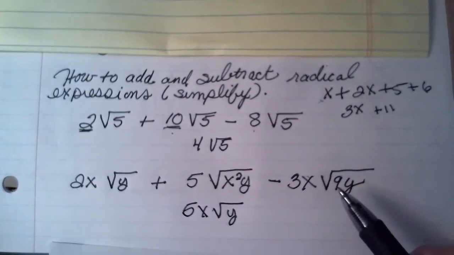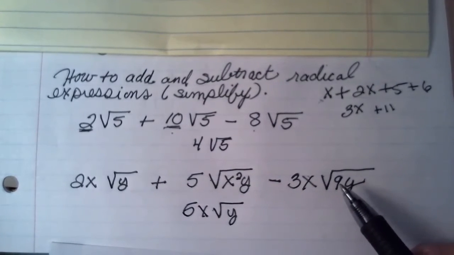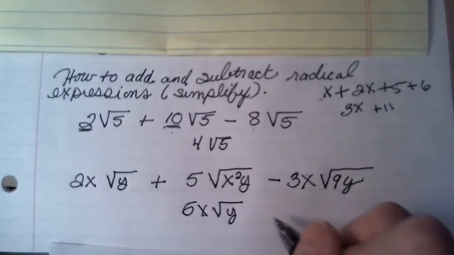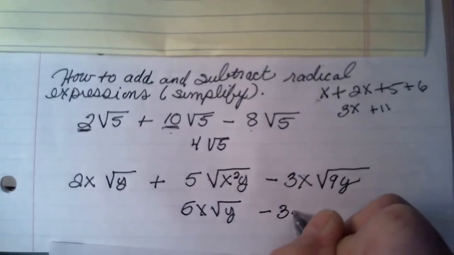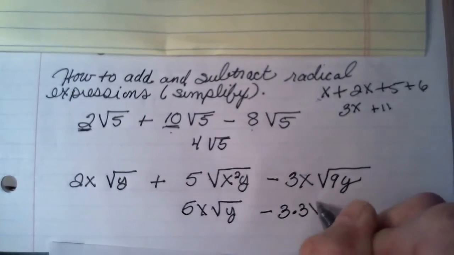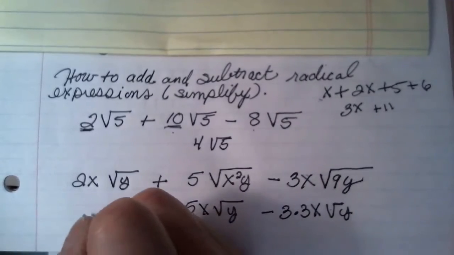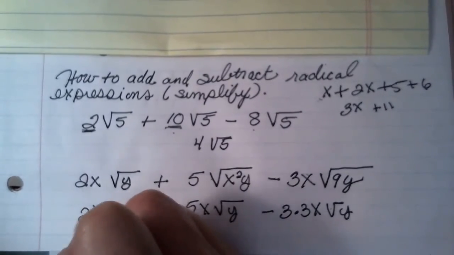My last term, the square root of 9, the square root of 9 is 3. So I can take the square root of 9 to the outside, and this is going to become 3 times x times the square root of y. Over here, my first term, we said, was already simplified.